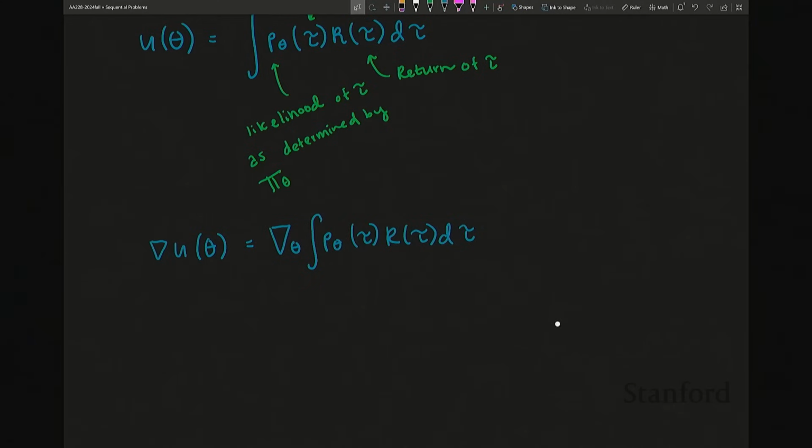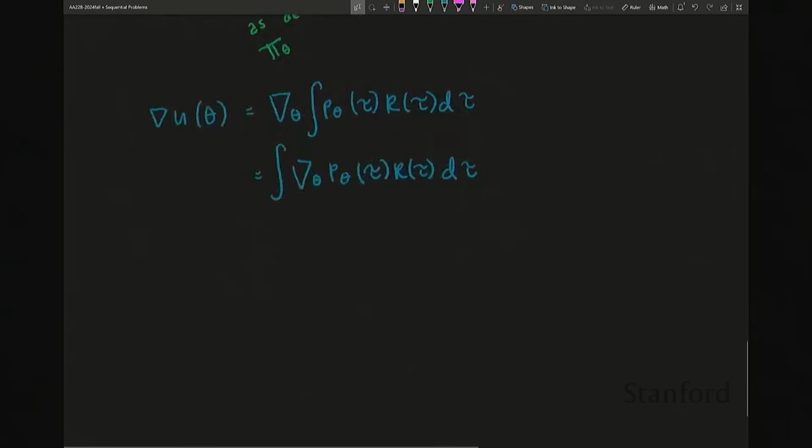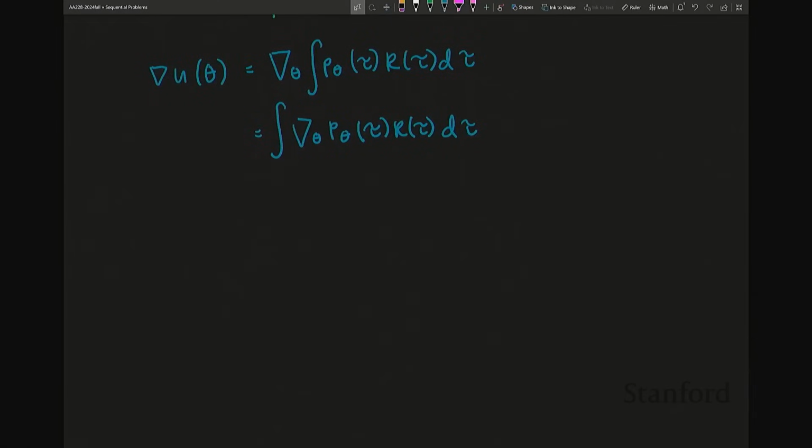So the first step that we'll take is we're just going to move the gradient inside of the integral. And then the next thing that we're going to do is multiply what we have inside of this integral by 1.